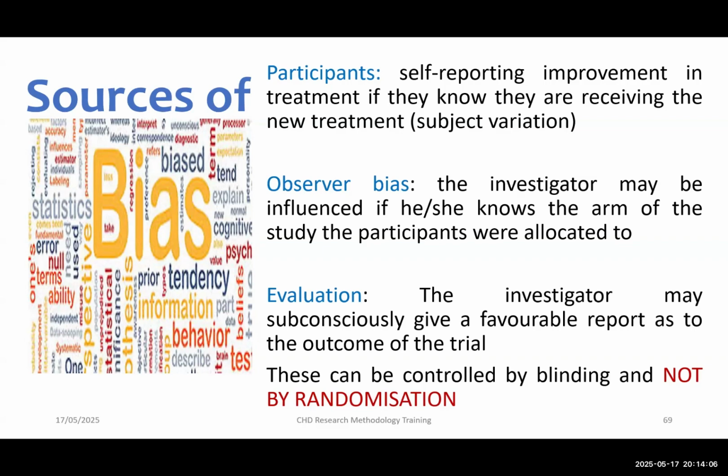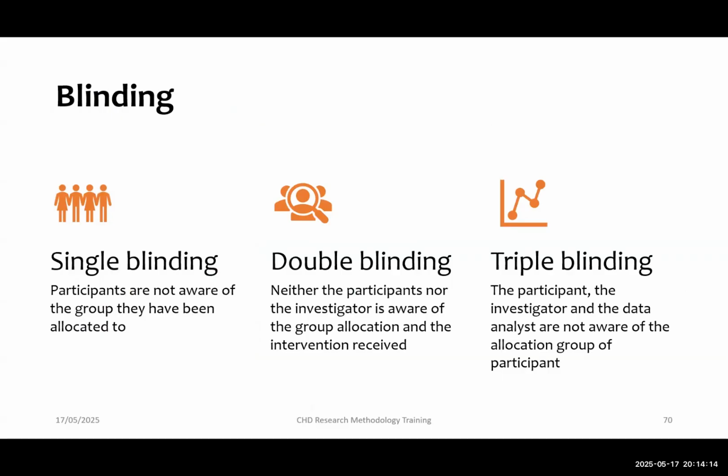This bias is controlled by something known as blinding, not randomization. Blinding is when you don't know who is in which group.